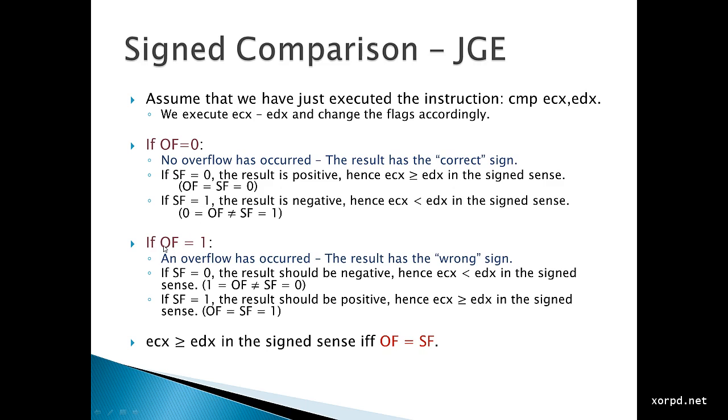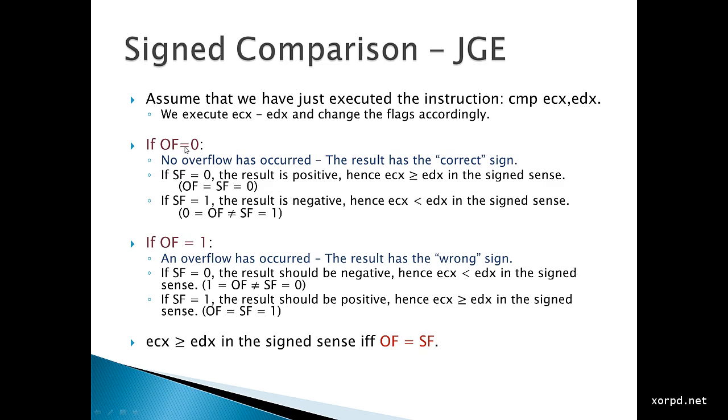In this case of the overflow flag equals 1, we also check 2 cases, sign flag equals 0 and sign flag equals 1. We check all the different possibilities and then make sure that actually jump greater equal corresponds to this interesting condition, overflow flag equals sign flag. So let's begin.